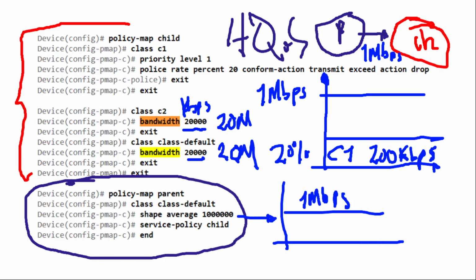So an error will happen when trying to enter this command, because you are trying to allocate more bandwidth than you have available. You only have 1 megabit per second, and that limit was given to you by your parent policy. So you cannot allocate 20 megabit per second here if your limit is 1 megabit per second.